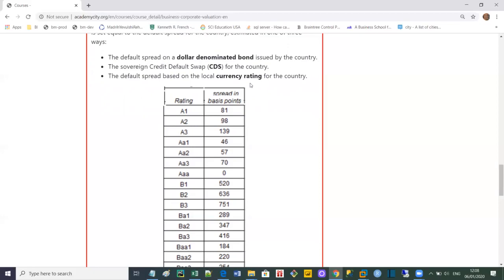So we really want to measure the difference in the riskiness of investing in the stock market and not in the bond market of the other country. So in a sense, we are underestimating the default risk of that country, because investing in bonds is less risky than investing in equity.